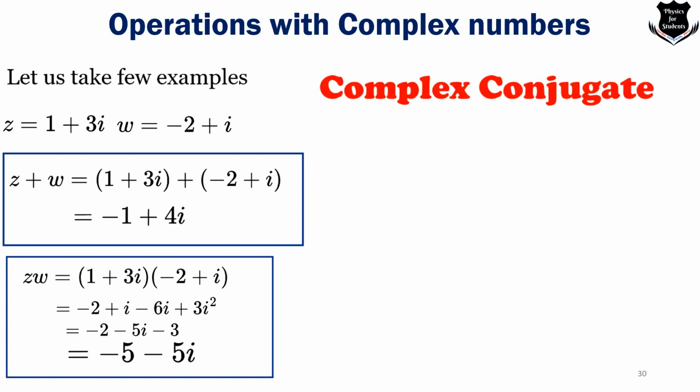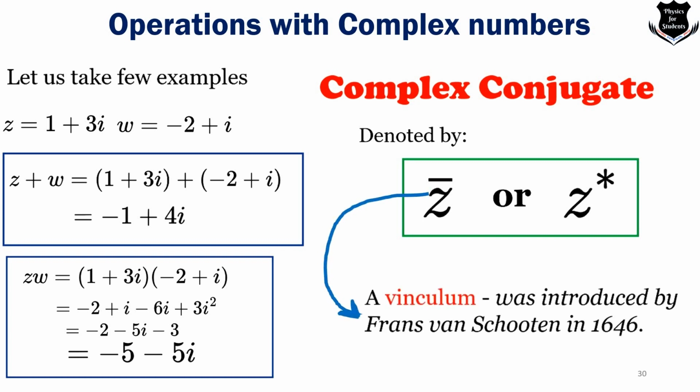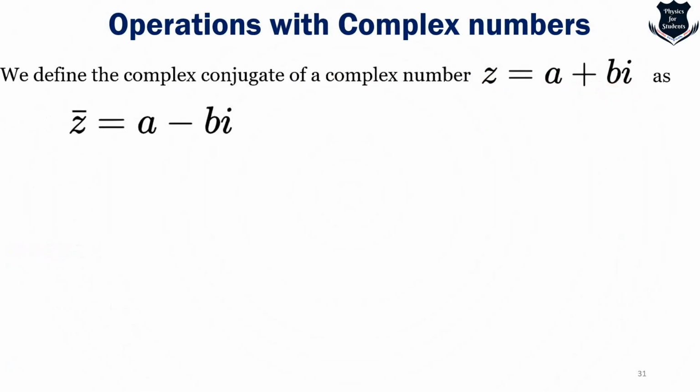Here is an important concept coming up, the complex conjugate, which is very useful in mathematics, and quantum physics uses the complex conjugate a lot. It is denoted by z with a bar or z with a star or asterisk, and the bar is known as a vinculum, which was introduced by the mathematician Franz van Schooten around 1646.